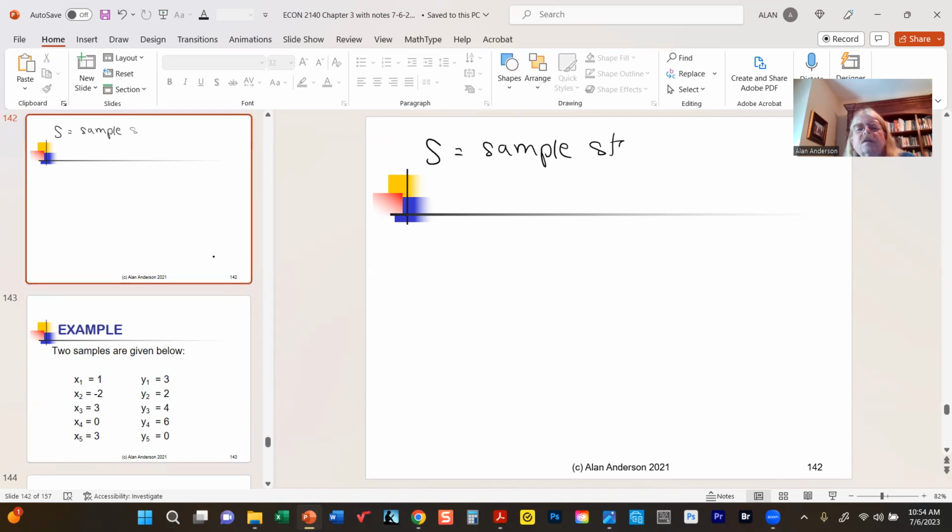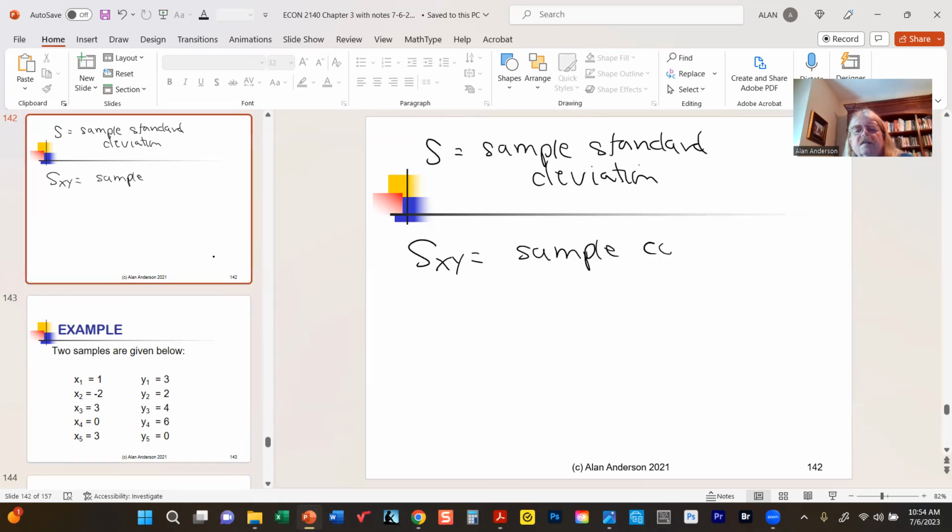If you're only dealing with a single sample, it should be self-explanatory which one you're referring to. But now all of a sudden there's two. So here's what we're going to do. SXY is the sample covariance. You can tell it's a covariance, not a standard deviation, because it has two subscripts.